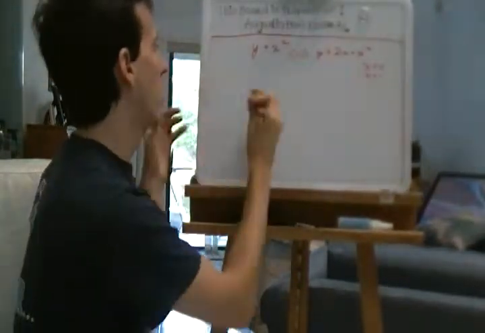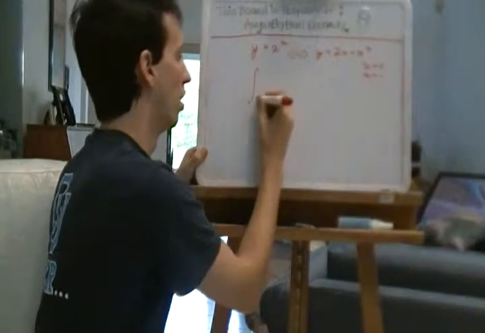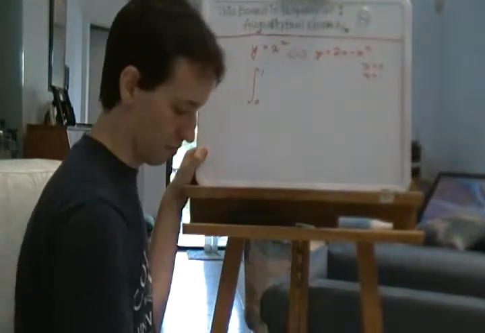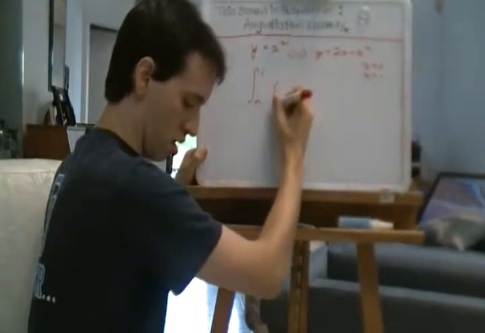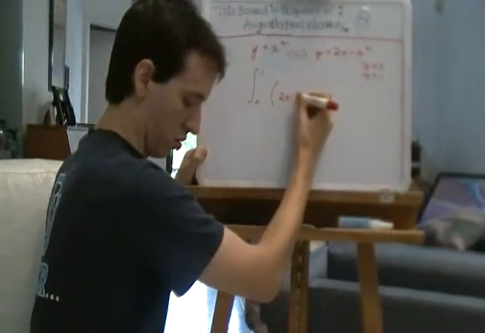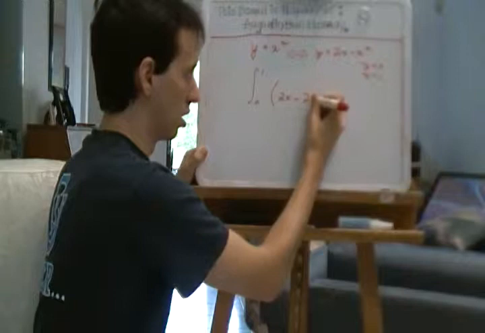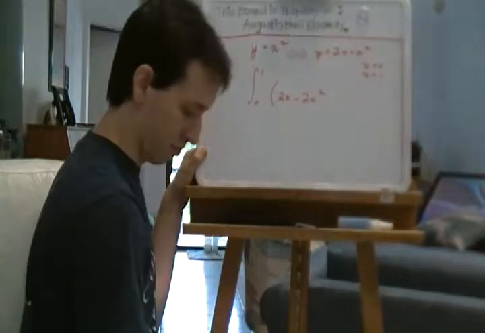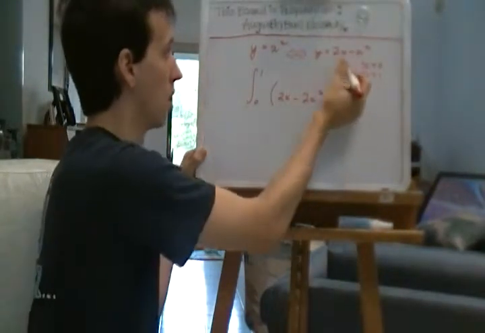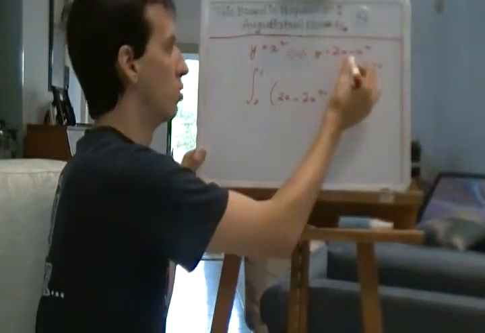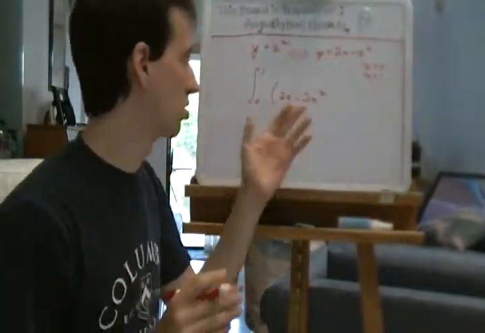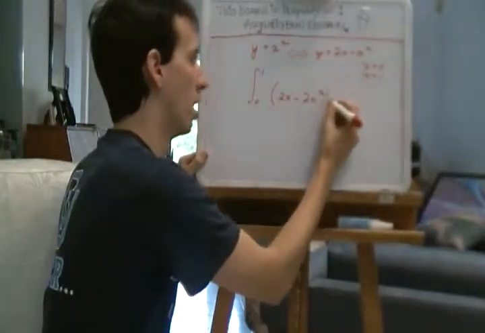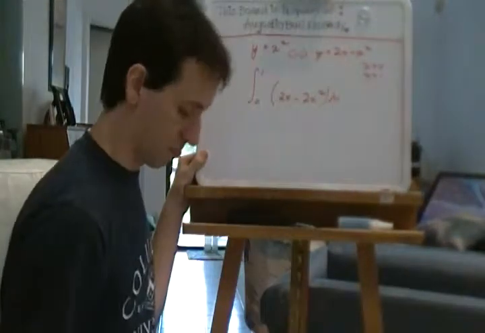So we want the integral from 0 to 1 of 2x minus 2x squared, the top minus the bottom. 2x minus x squared minus x squared is 2x minus 2x squared dx.